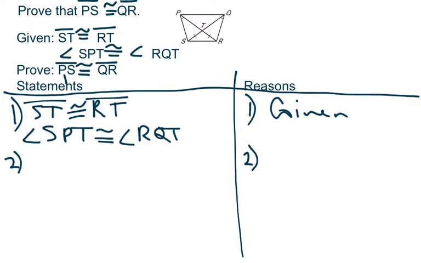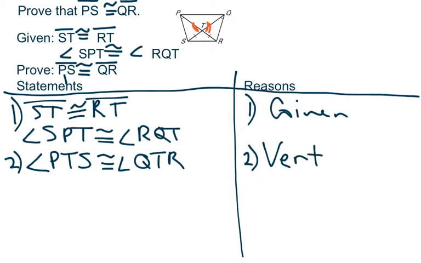The other thing we know that is congruent is angle PTS is congruent to angle QTR. So if I mark that on the picture right there, the reason for that is the vertical angles congruence theorem. So vertical angles are congruent.